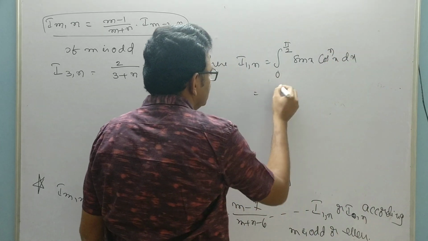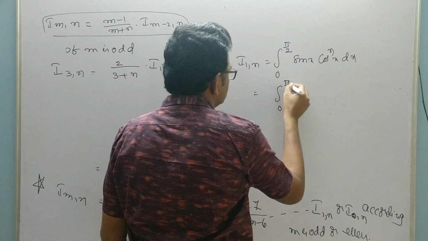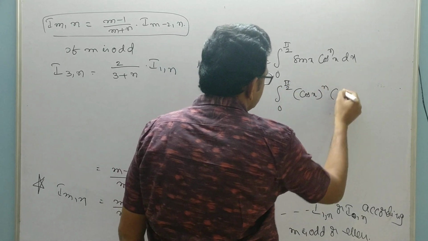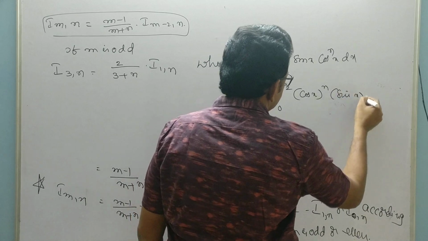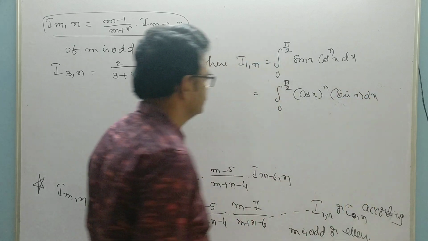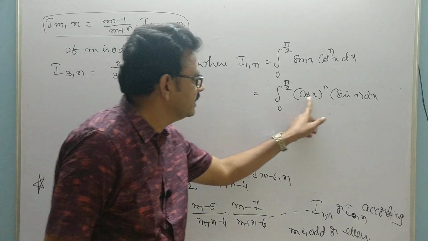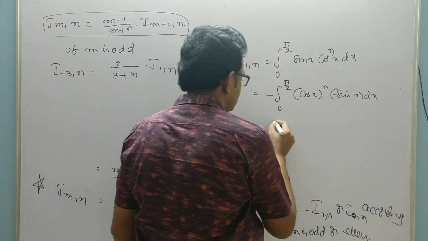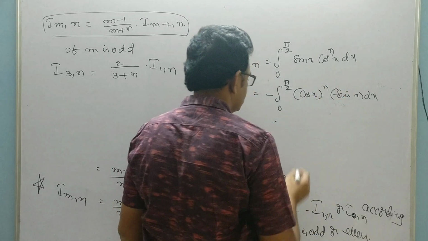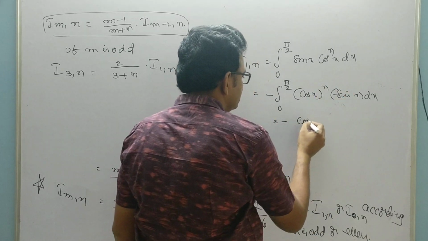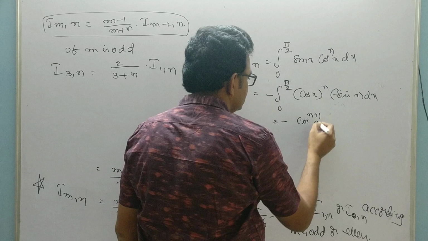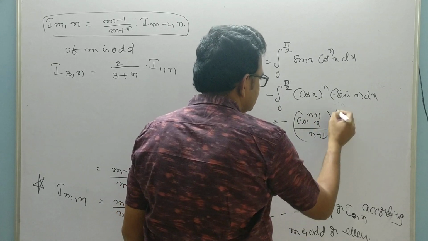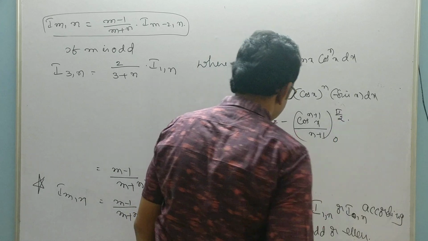That is the integral 0 to pi by 2 of cos x whole power n into sin x dx. Now the derivative of cos x is minus sin x, so you can put minus. So f(x) whole power n into f dash x equals minus cos power n plus 1 x by n plus 1, with limits 0 to pi by 2.